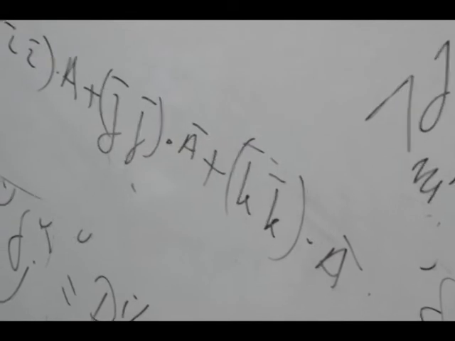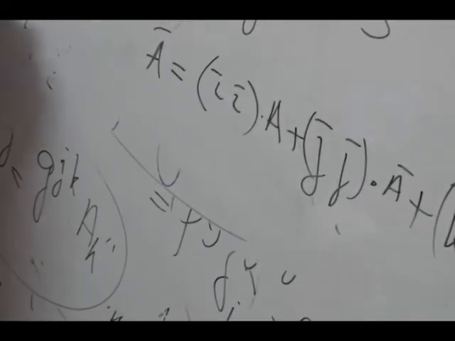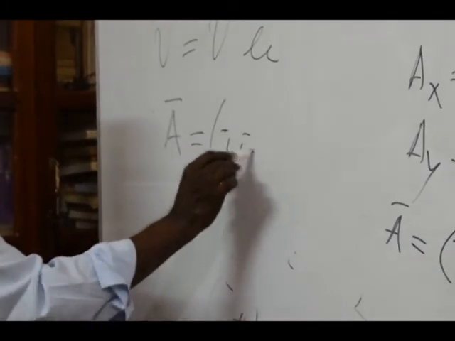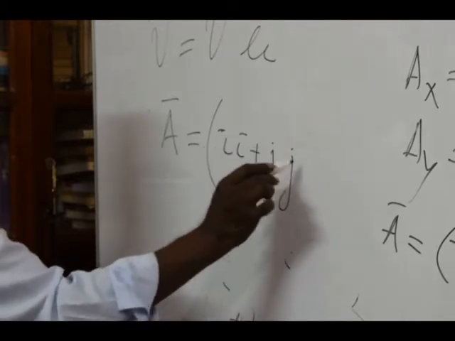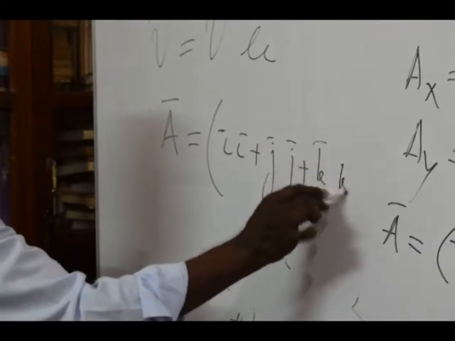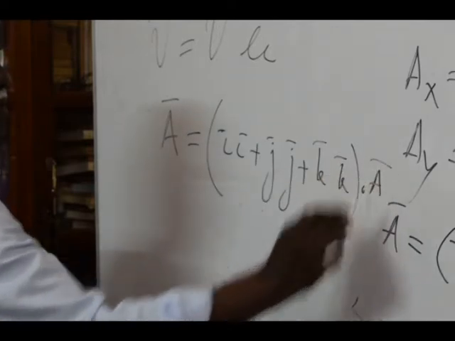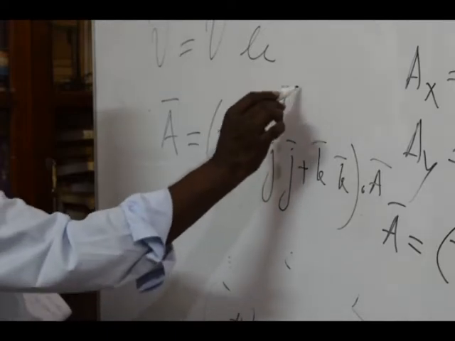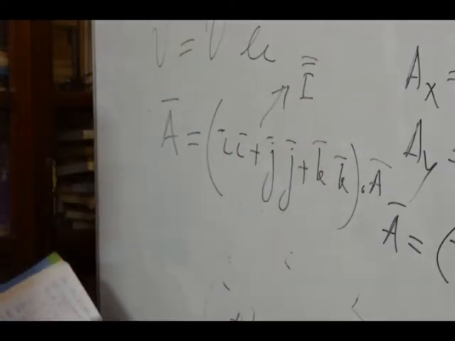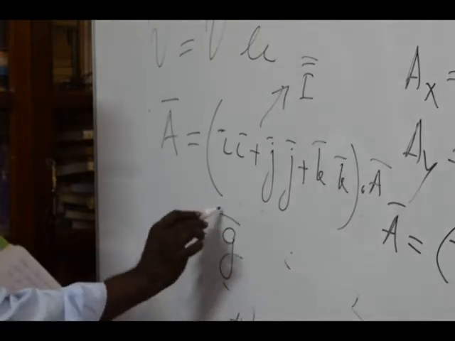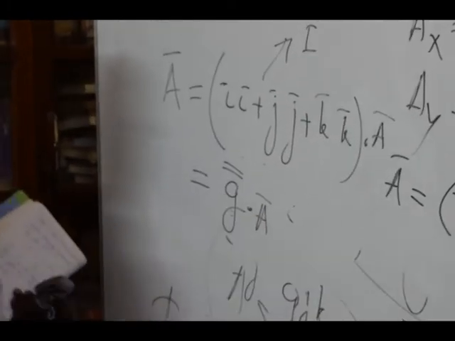So vector A is equal to tensor II plus tensor JJ plus tensor KK, dot A. This is our identity tensor, and it could also be identified as the metric tensor of space.